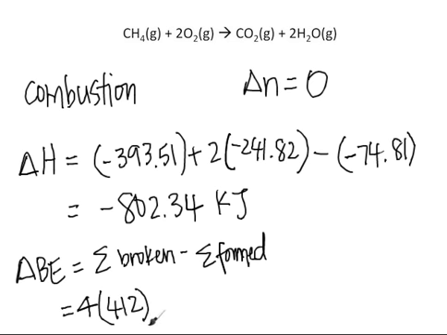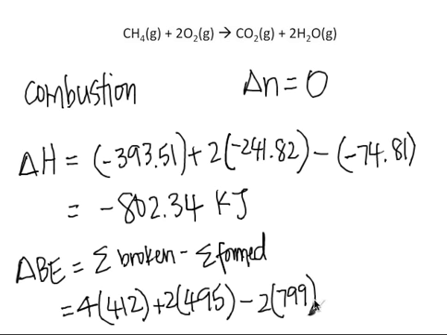We're going to break 2 oxygen double bonds, which is 495. Now we're going to form 2 C double bonded to O, 799. And then we're going to form 4 OH bonds, because in water there's 2, but we have 2 water molecules, so a total of 4. This will give us a total of about negative 812. This is also in kilojoules.